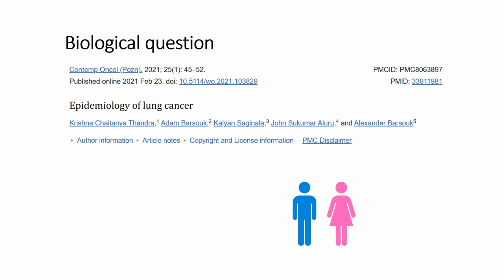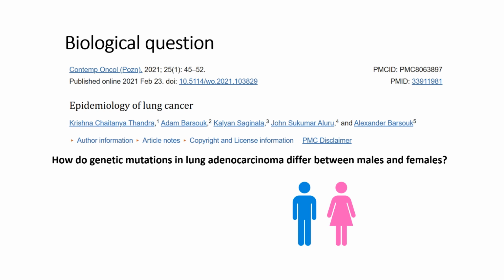This might be due to the fact that women tend to have other predisposing mutations. And we want to continue a further analysis on the overall genetic alterations in lung adenocarcinoma and how they differ between males and females.